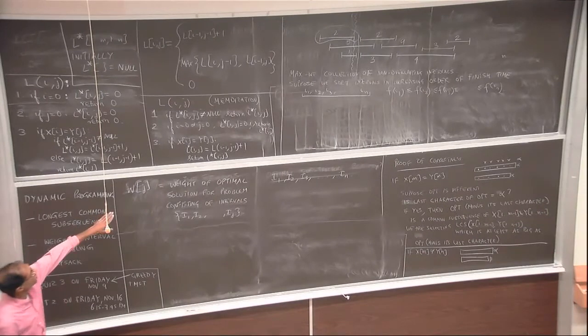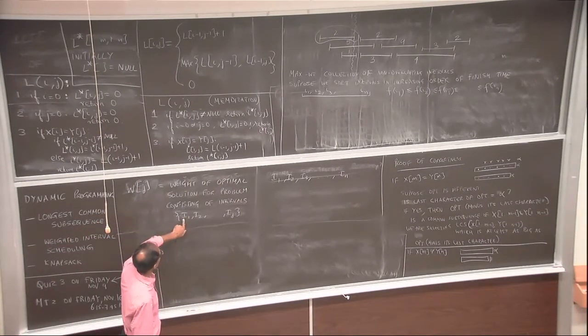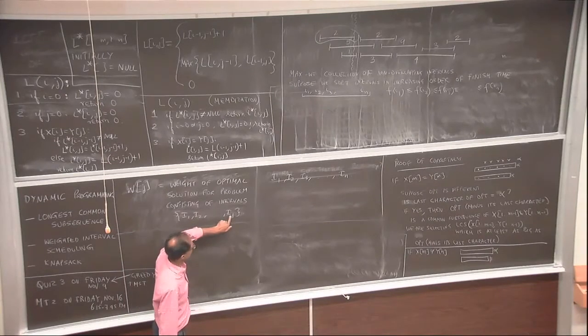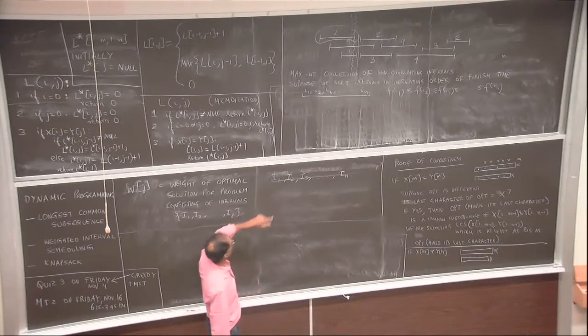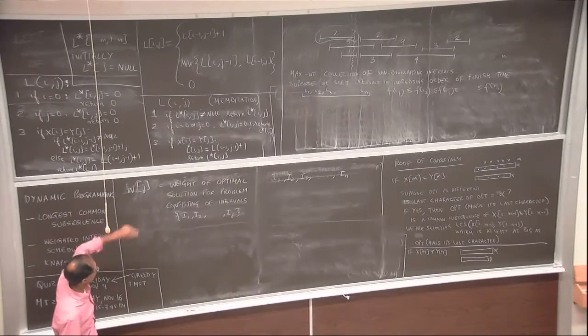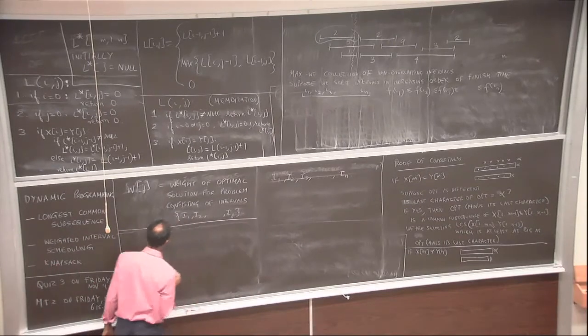So weight W_j is the weight of the optimal solution for a problem consisting of the intervals I1, I2 through Ij. I want to solve all the intervals, but instead, I'm going to write this recurrence down.